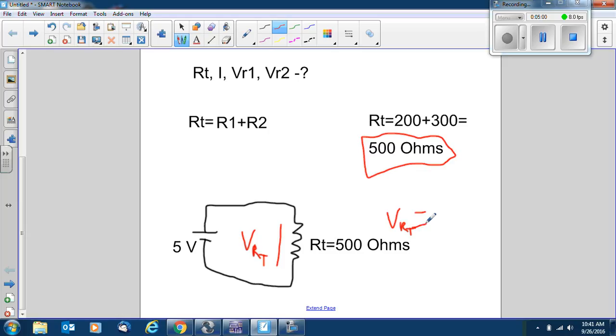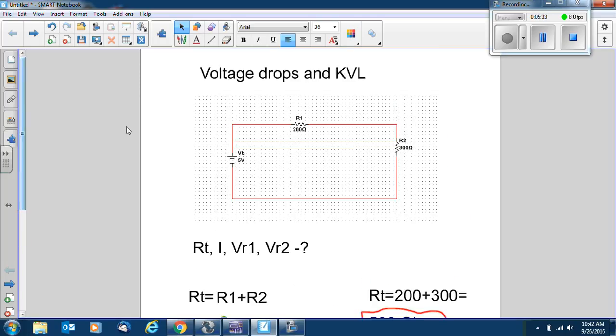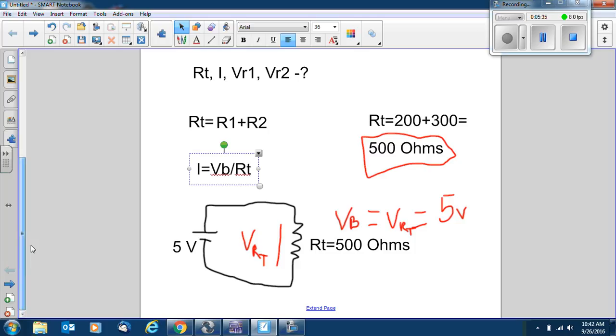Well, if voltage drop of R total has to be 5 volts, because this is the voltage of the battery, then we can actually find a nice formula for our current. Because current is just V over R. So voltage of the battery over R total is going to give us the current flowing in this circuit and in this circuit, because I told you they're equivalent, they're exactly the same.